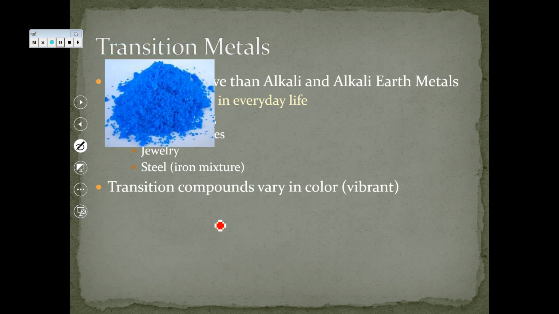Transition compounds vary in color. Whereas the alkali metals and alkaline earth metals are mostly gray, the transition metals have a wide, vibrant array of colors. Copper can be blue, iron can be red, cobalt can be blue or green.